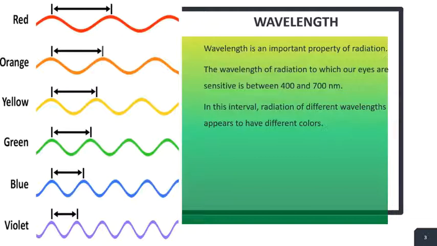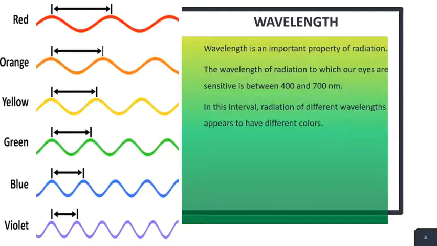Whatever our eyes can see, the radiations between 400 to 700 nanometer only we are able to see, and luckily all these colors fall into this range, and that's why we are able to see these different colors around us. Now there are some radiations which have wavelengths below 400 or above 700, but our eyes cannot see these radiations or cannot see this light.